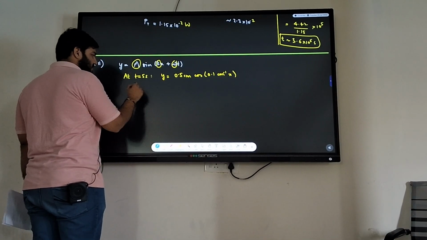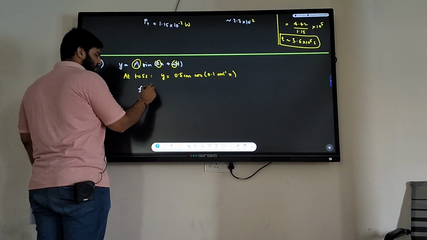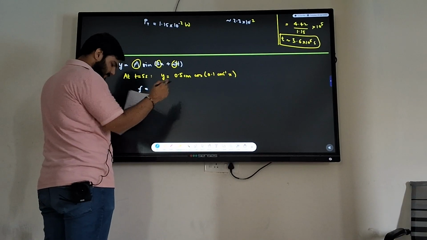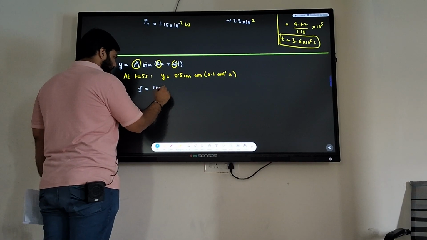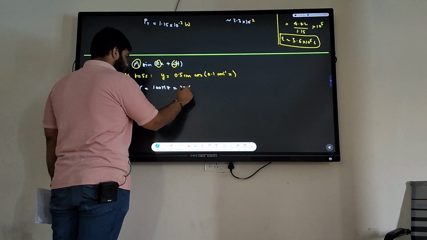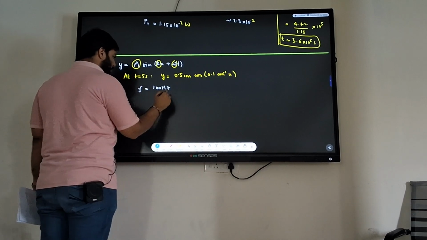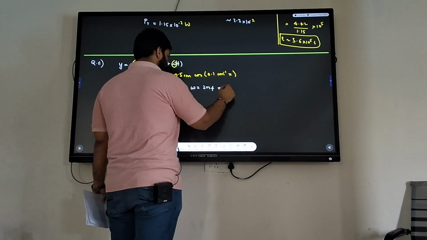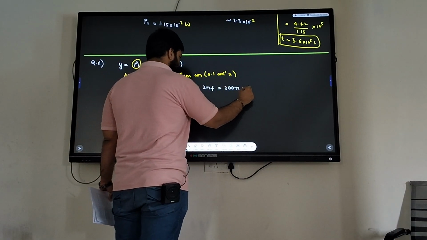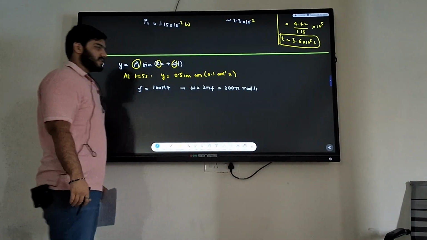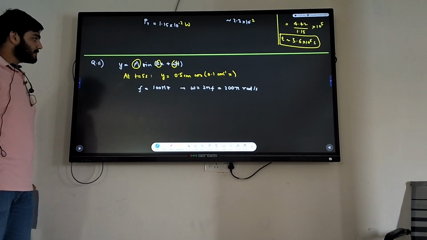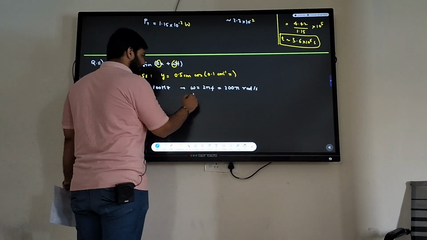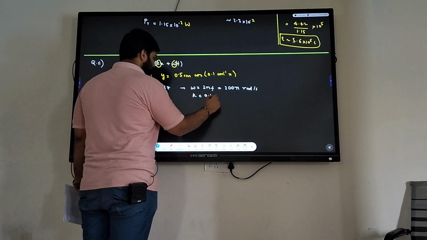But I think f is already given and f is given to be 100 hertz. So omega equal to 2 pi f, no? So that will be 200 pi radians per second. That's omega. And what will be k? k you already know is 0.1 centimeter inverse.